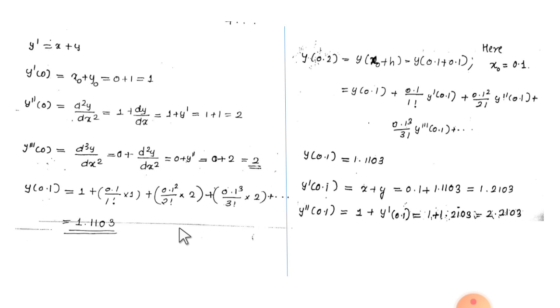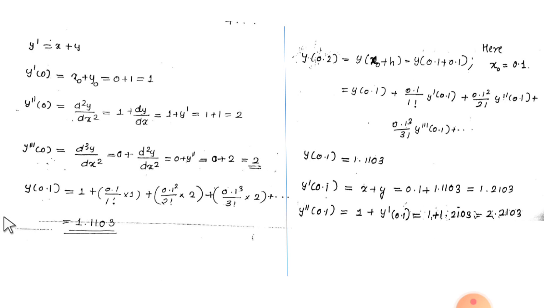Then now in the question we are asked to find out y of 0.2, is it? So while finding y of 0.2, you can write y of 0.2 as y of x0 plus h, that is equal to y of 0.1 plus 0.1. So here we have to take the preceding value.